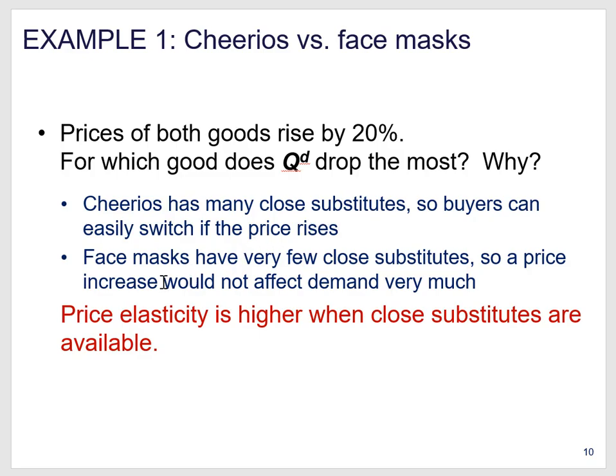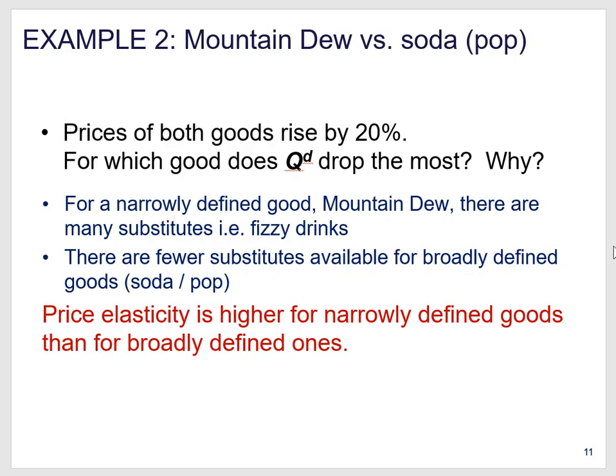But when the face mask prices increase, there aren't many substitutes in the market, so there is little effect on the demand, yeah, for face masks. So the conclusion is price elasticity is higher when close substitutes are available. Yeah, so Cheerios would have many different substitutes, let's say breakfast products, but there aren't many substitutes for face masks.